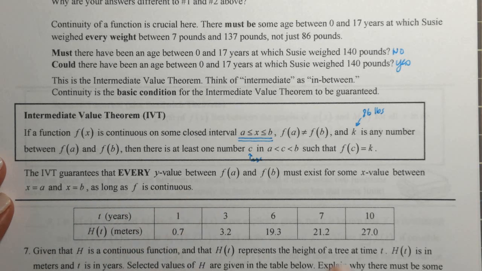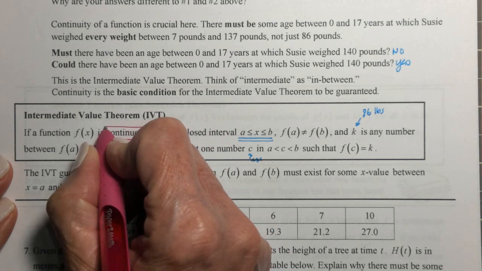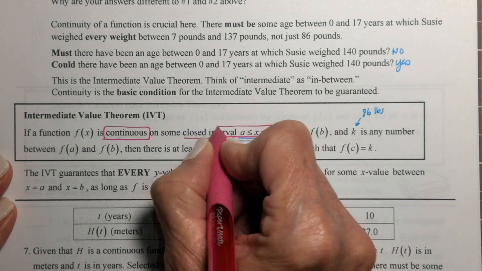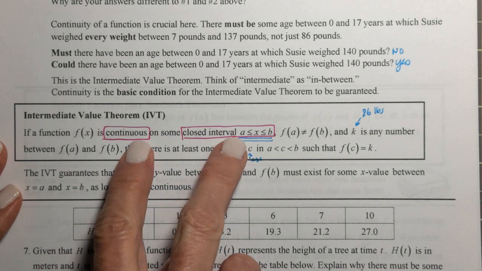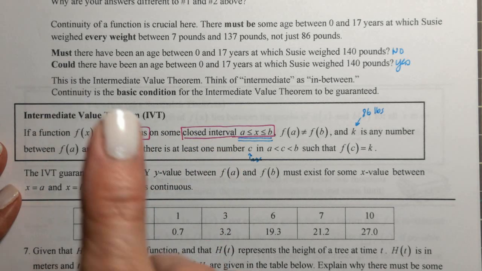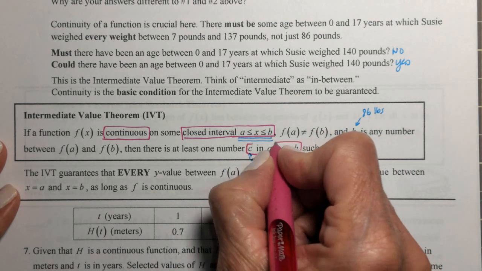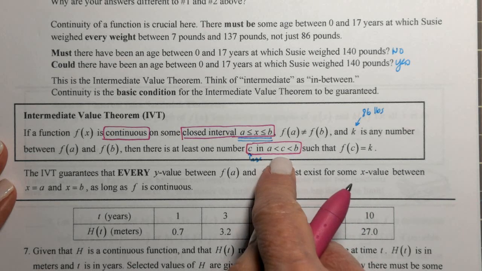Okay? Now, a couple of sticky things here. We must have continuity on a closed interval. This is something that kids forget. Continuity must be on the closed interval, and this value of c must be in the open interval.